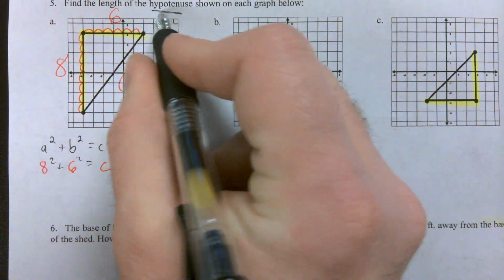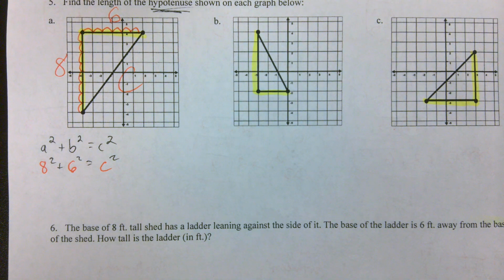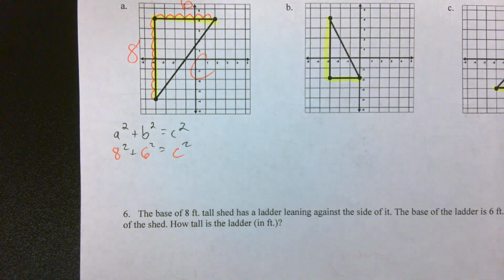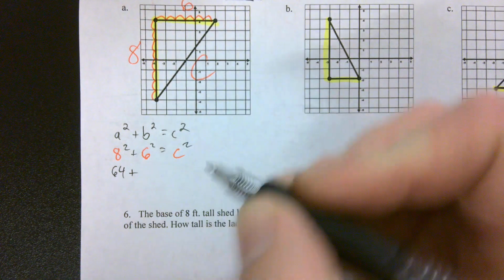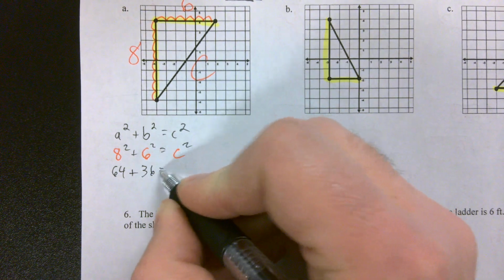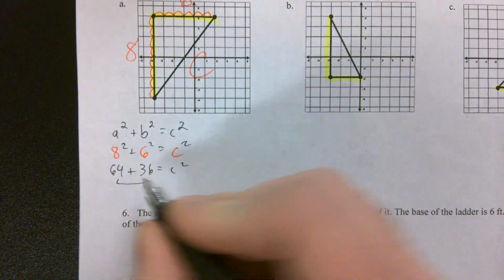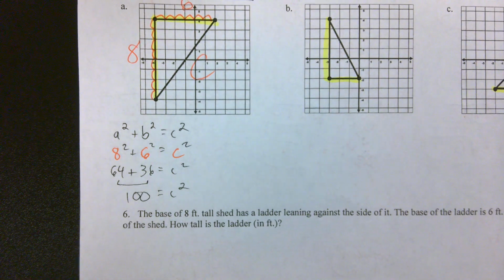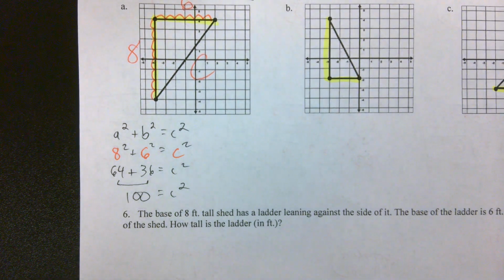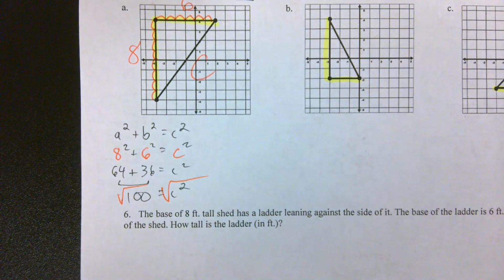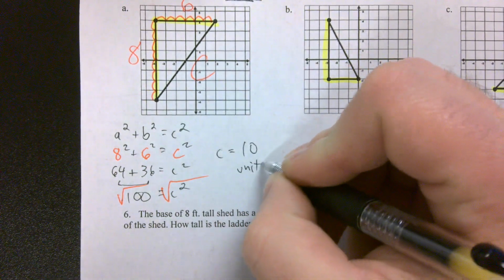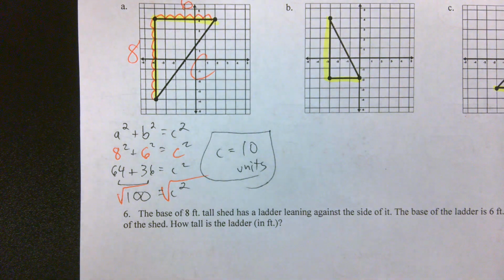Find the length of the hypotenuse. What does 8 squared give me? 64, thank you. What about 6 squared? 36. Add those together, what do I get? 100. Take the square root of both sides. C is equal to 10 units.